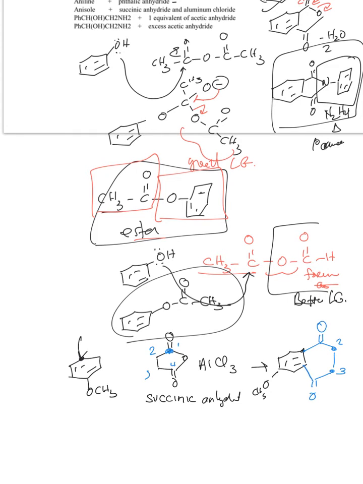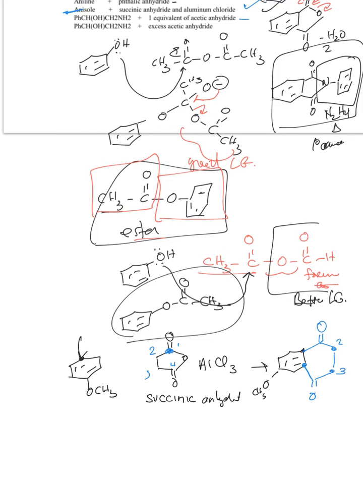There's 4, and it's going to do a ring closure. That's kind of like an intramolecular Friedel-Crafts acylation. That's harder than anything I'm going to ask.